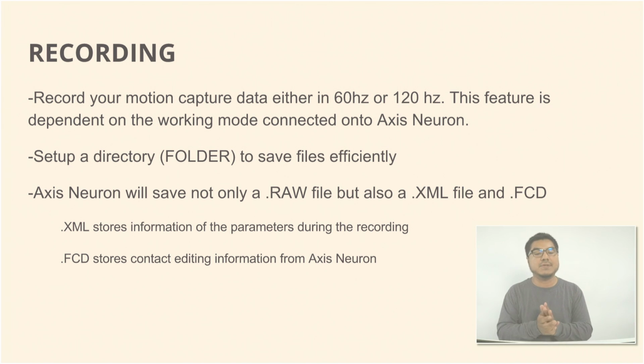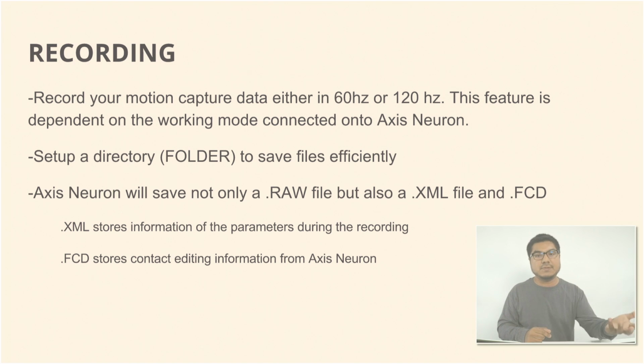Next one would be that Axis Neuron will not only save a .raw file, but when you record, Axis Neuron also records an XML file and an FCD file. The XML file stores the parameters data in the capturing stage that you select, so that once you record, Axis Neuron will save that parameters information into your XML file.